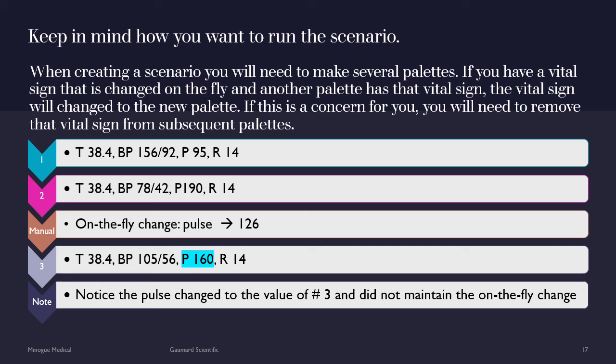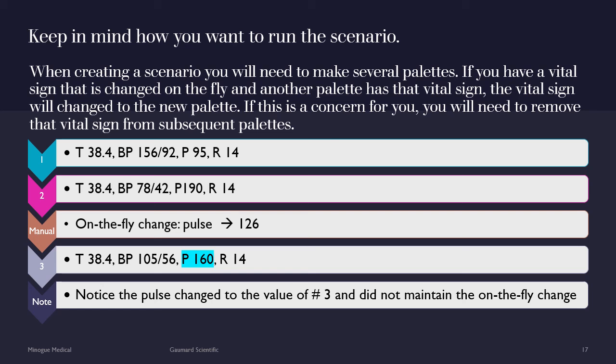So let's say in this scenario, we've got 3 palettes here. You notice the pulse changes from 95 to 190, and then your learners did something, and you changed the pulse to 126 because you thought that was the best pulse rate for what they did. Now, the next pulse that comes up on the next palette is still 160.